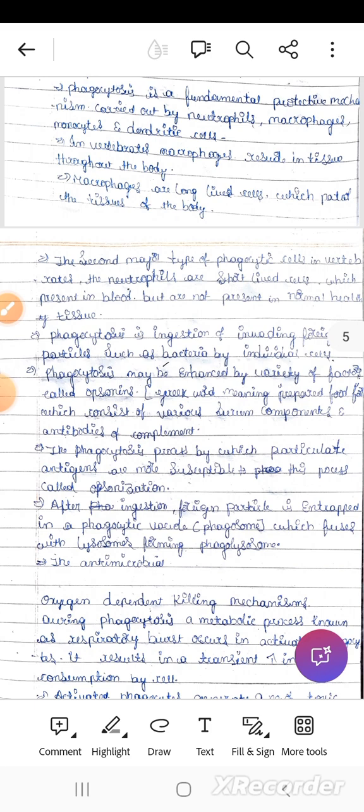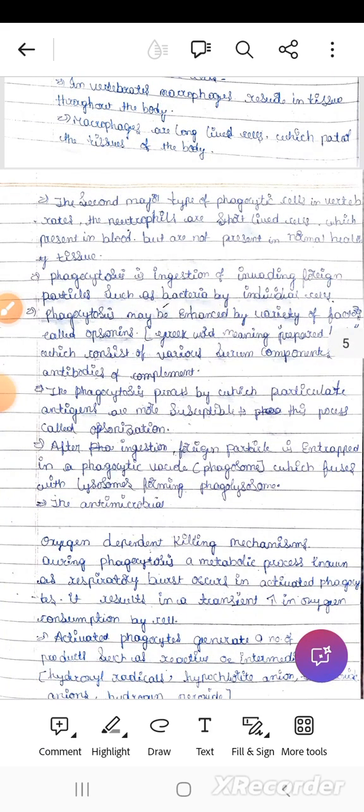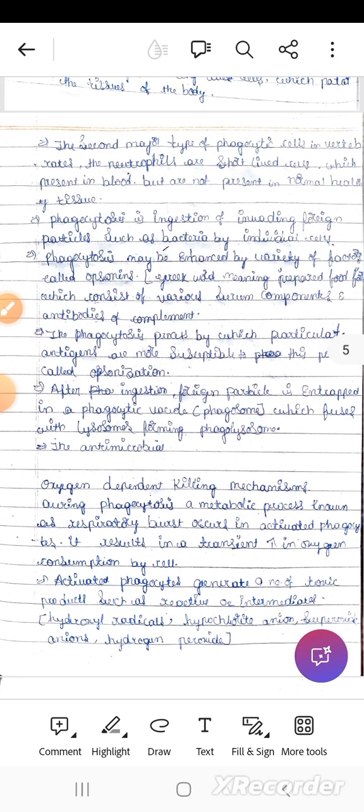Phagocytosis is the ingestion of invading foreign particles such as bacteria by individual cells. Phagocytosis may be enhanced by a variety of factors called opsonins, from a Greek word meaning prepared food for, which consist of various serum components and antibodies of complement. The process by which particulate antigens become more susceptible to phagocytosis is called opsonization.